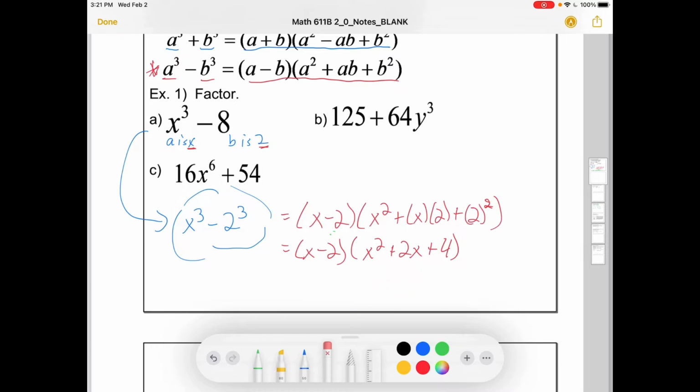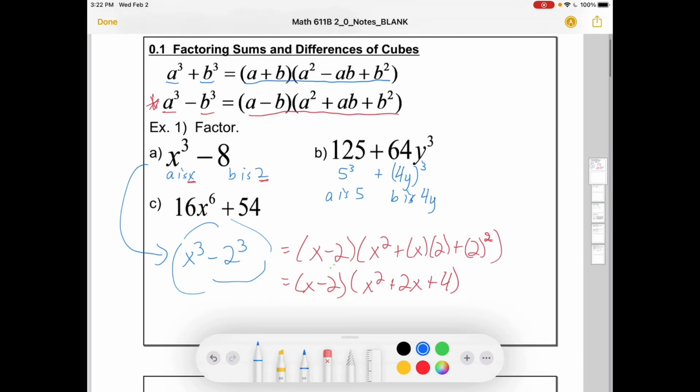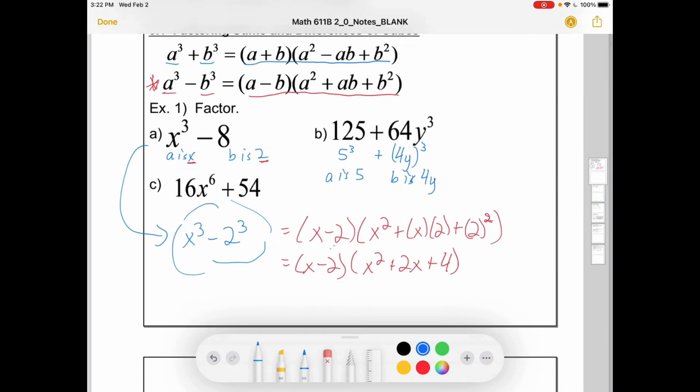Let's try another one. We've got 125 plus 64y cubed. So 125 is 5 cubed. 64y cubed is (4y) all cubed. That's what this really means. So in other words, our a, our first cubed thing, is 5, and our b, our second cubed thing, is 4y. We have to recognize them as sums or differences of cubes, so there have to be cubics involved. We have a slightly different formula for when we have a sum.